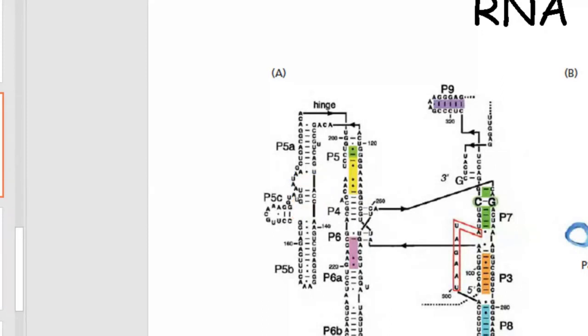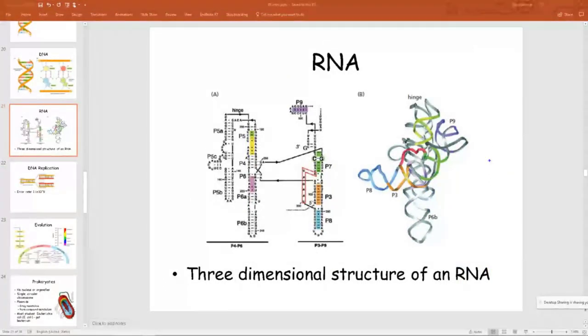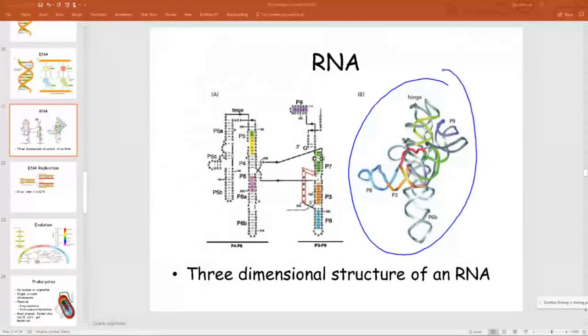The complementarity of these letters forms a 3-dimensional shape for these RNA molecules, which gives them their special shape. So here, on the right, you see a tRNA molecule, a transfer RNA molecule, that falls into this 3-dimensional structure as driven by the complementarity of the bases.